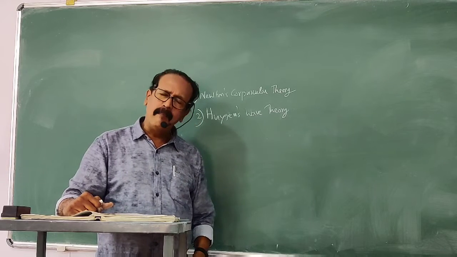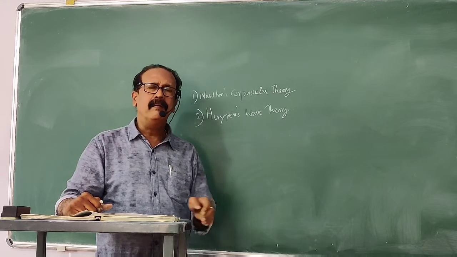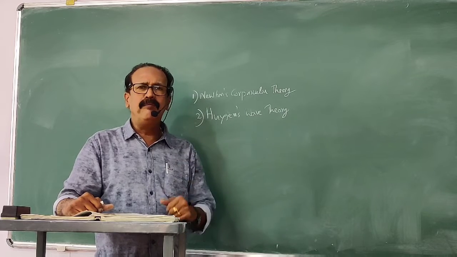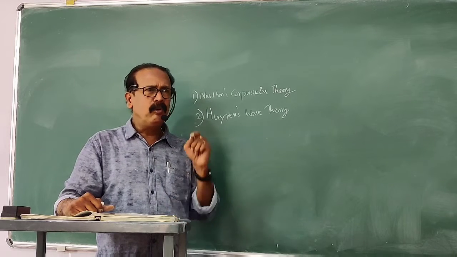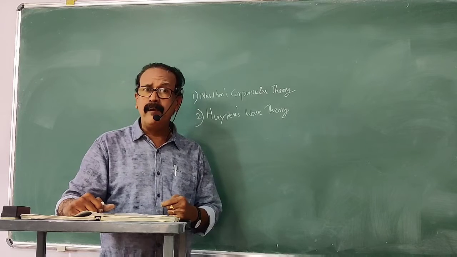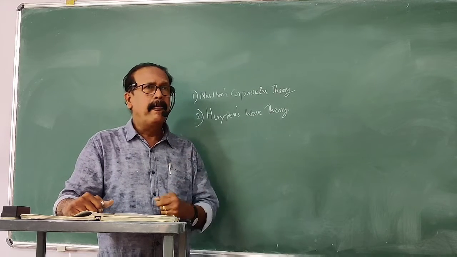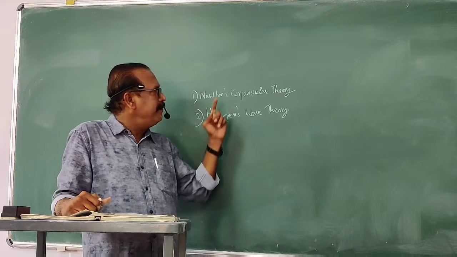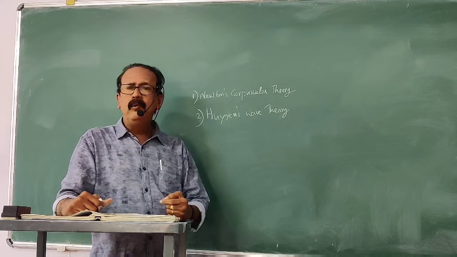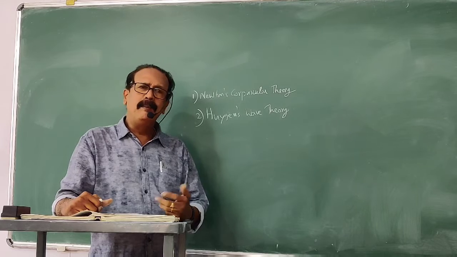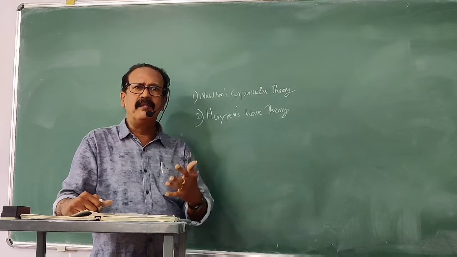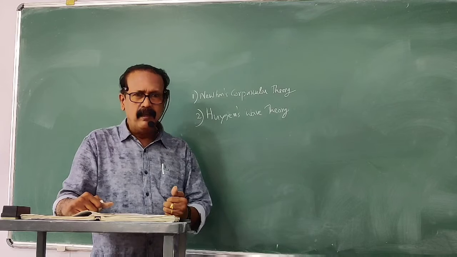A corpuscle means a small, minute particle. So this is the theory of Newton. The path followed by a particle is called a ray of light. Based upon this theory, Newton was able to prove properties like reflection, refraction, and so many properties.